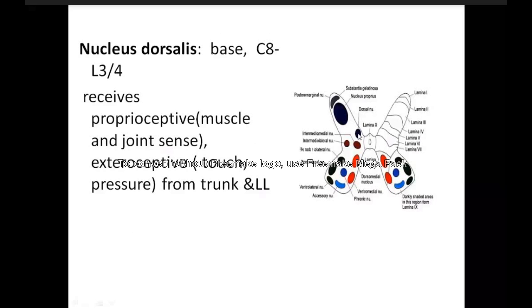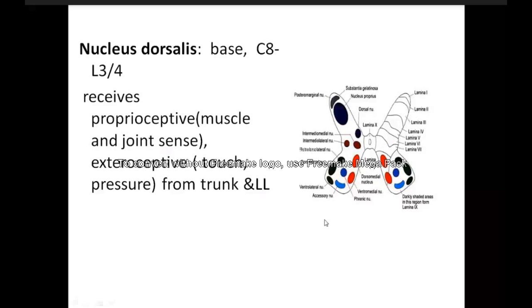Proprioceptive means joint or muscle sensation. Exteroceptive means touch and pressure. So this is the dorsal nucleus, or nucleus dorsalis. So in the posterior horn, there is the substantia gelatinosa of Rolando, deep to this is the nucleus proprius, and near the base is the nucleus dorsalis. This is the same on both sides.